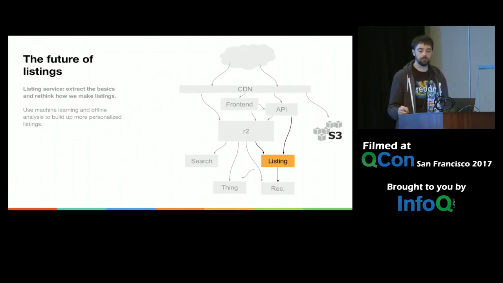And the relevant listings can come from all sorts of sources, which includes the data analysis pipeline, machine learning, and these normal old listings like the rest of the site. So that's kind of the future here, where we extract it out into its own service, and R2 doesn't even need to know about how it's coming anymore.